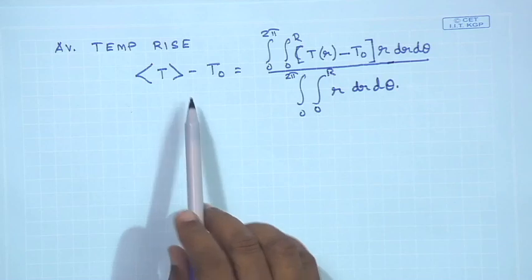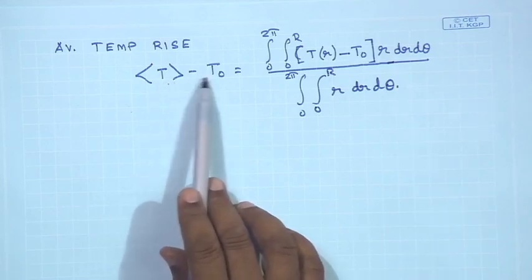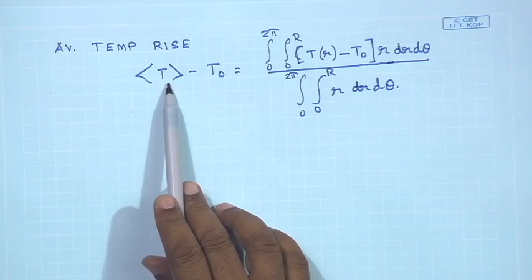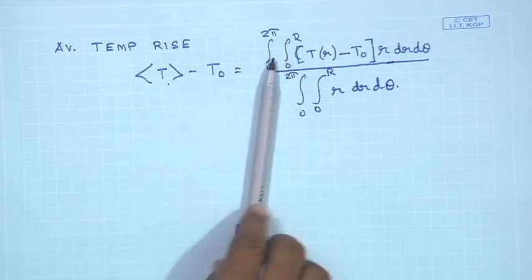So, this is a standard method of expressing the average temperature, the same way we have expressed the average velocity when I have a parabolic distribution of velocity inside a pipe due to, let us say, an applied pressure gradient, and the liquid follows a parabolic velocity profile.